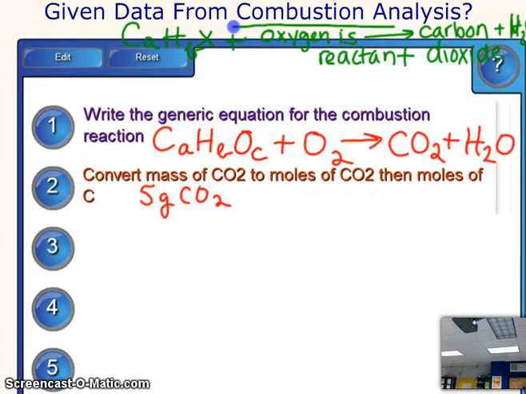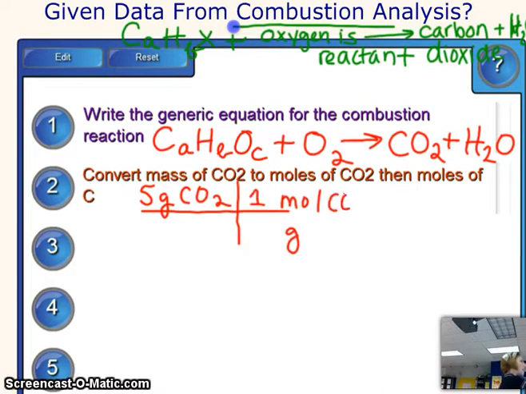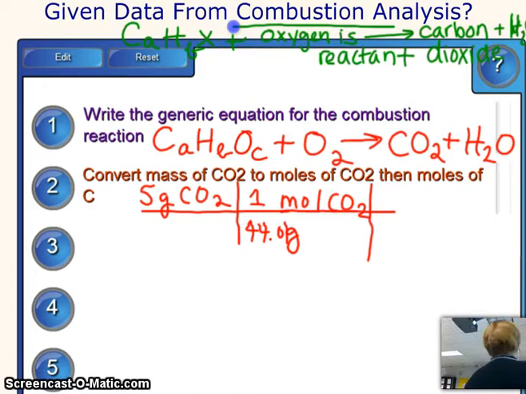So you'll have to convert it from milligrams to grams and then use the formula mass. So we'll go to moles of carbon dioxide first, and I will walk you through an example. 1 mole of carbon dioxide is 44.01 grams. It's the formula mass.